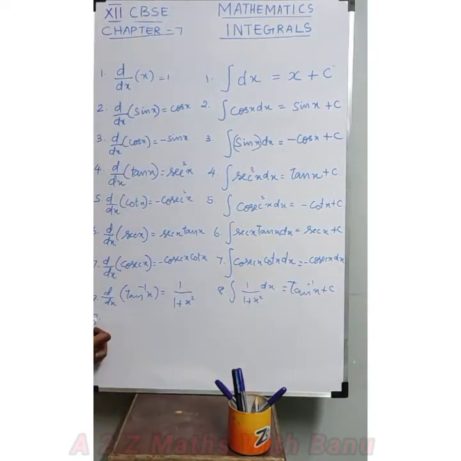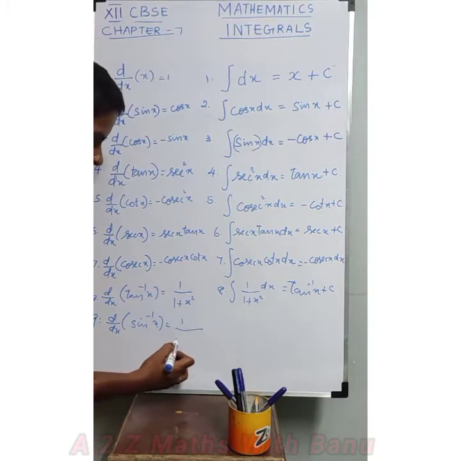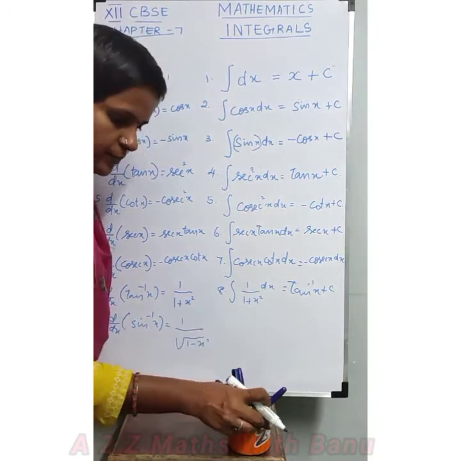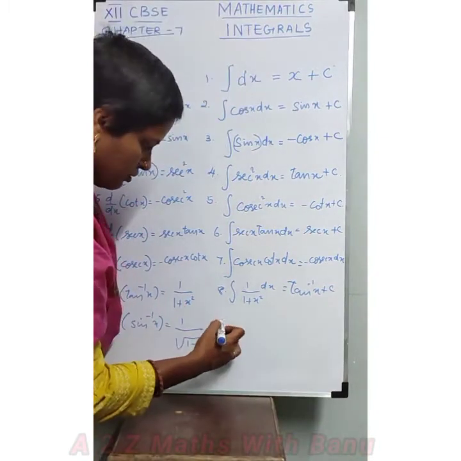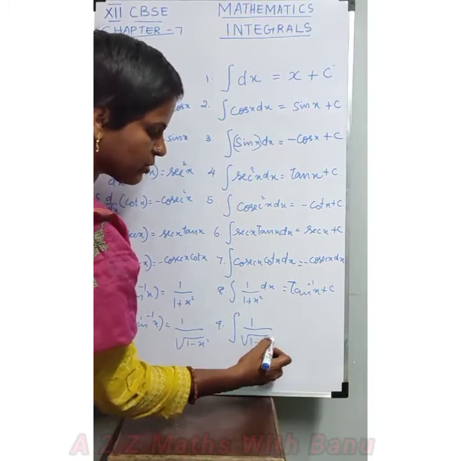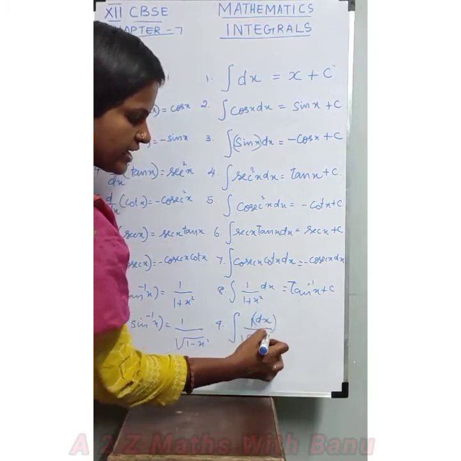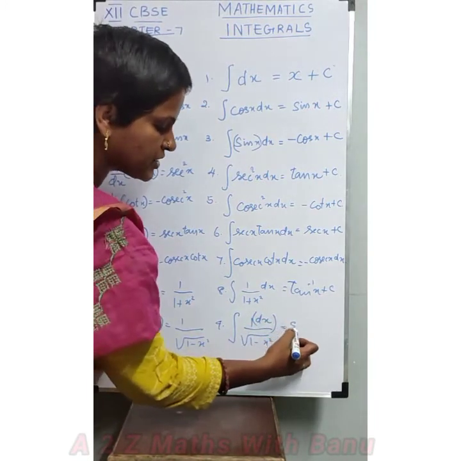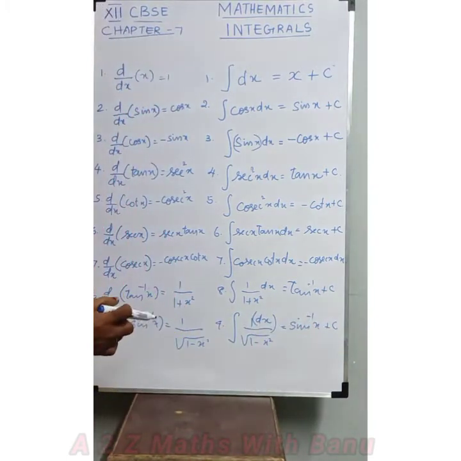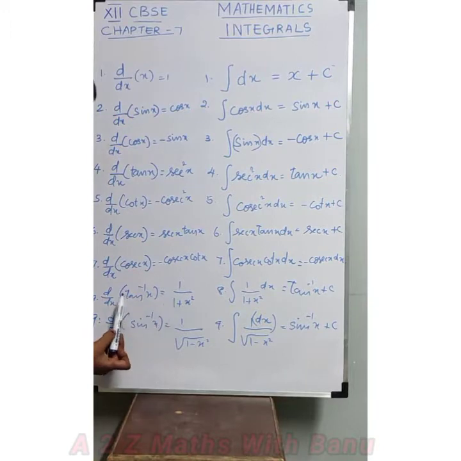And similarly, the differentiation of sine inverse of x is 1 by root of 1 minus x square. And therefore, the integral of 1 by root of 1 minus x square with respect to x is going to be sine inverse of x plus c.